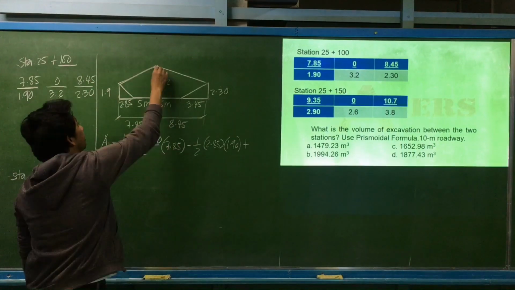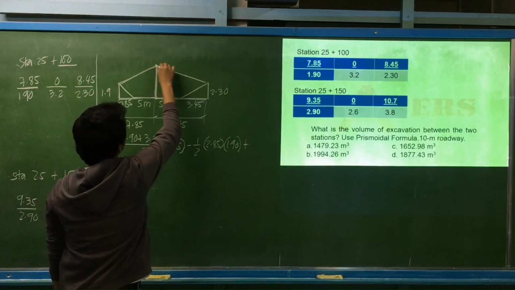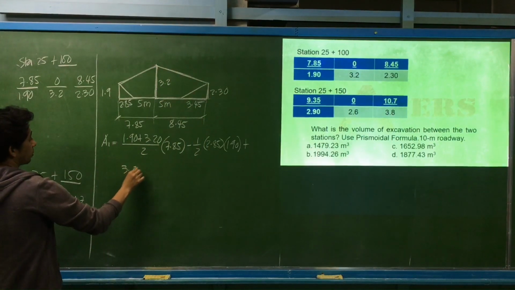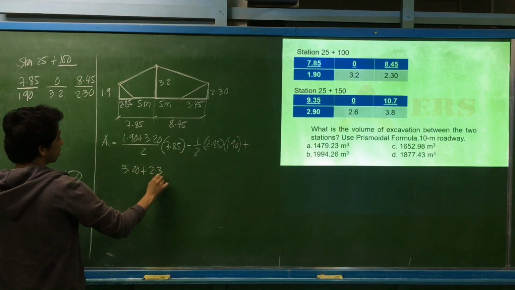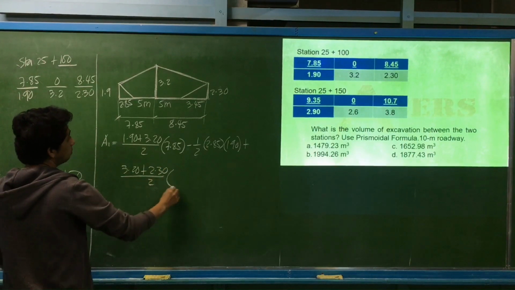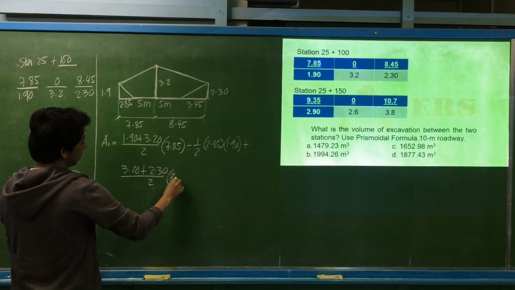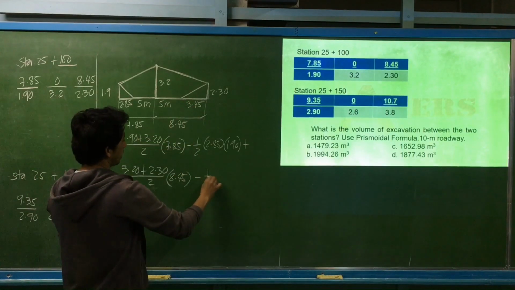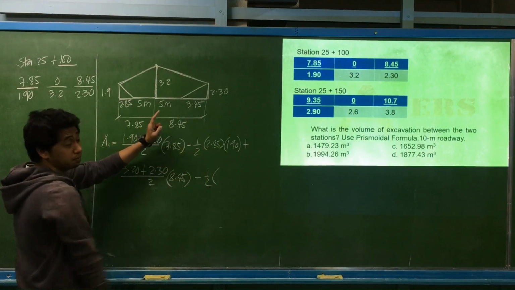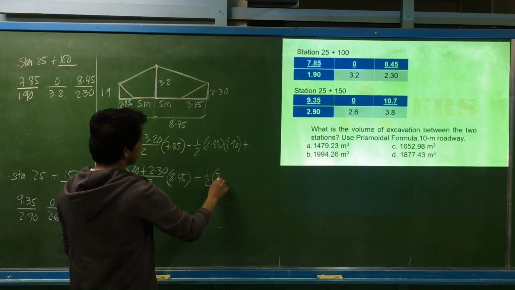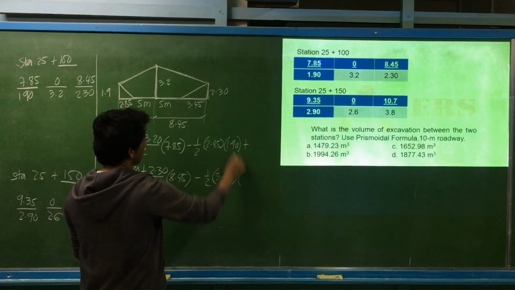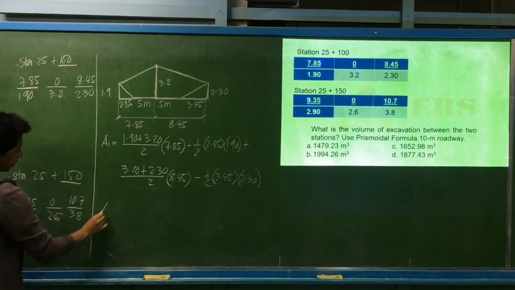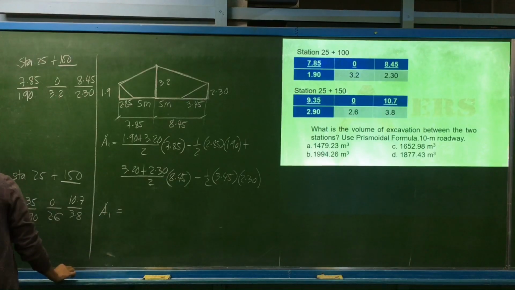Then we go to the other side, the trapezoid on the right side. That is 3.20 plus 2.30, divided by 2, times the distance 8.45. Then subtract the triangle, 1/2 the base: 8.45 minus 5 is 3.45, and the height is 2.30. So let us compute for area 1.